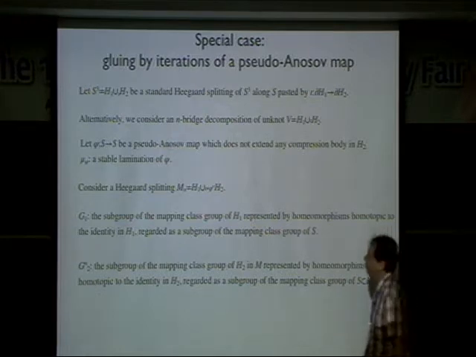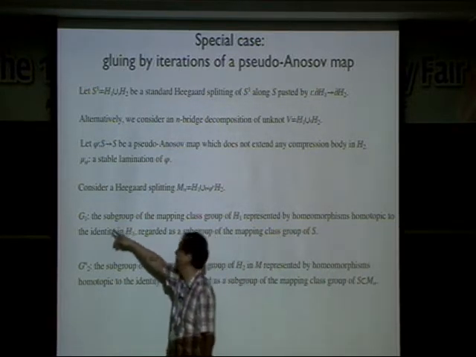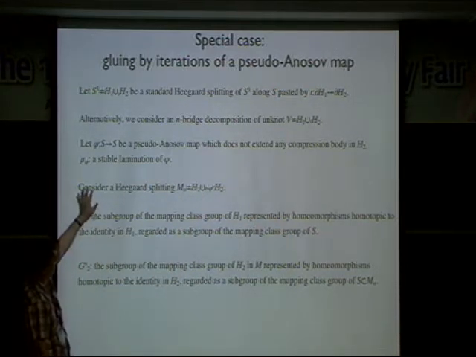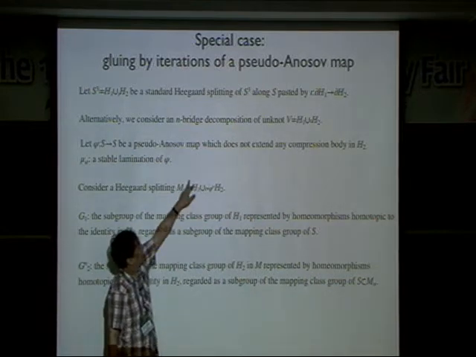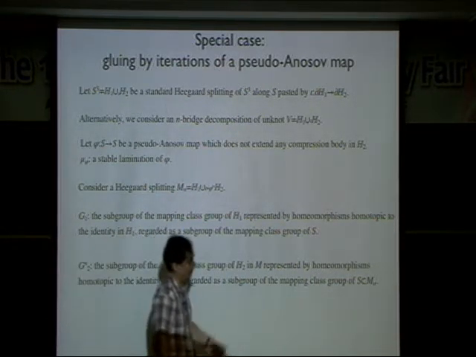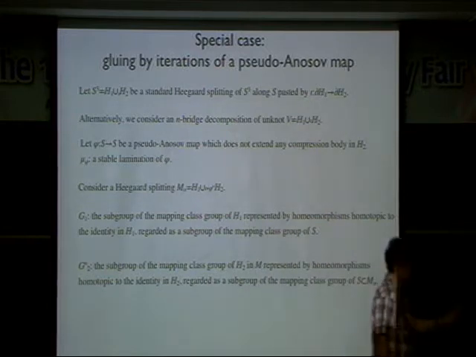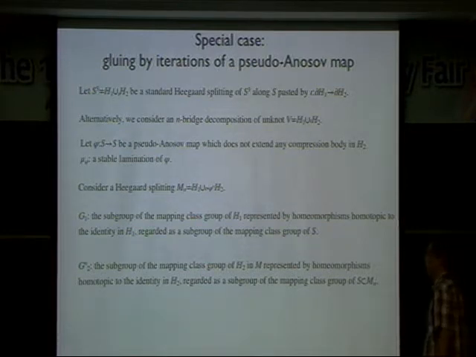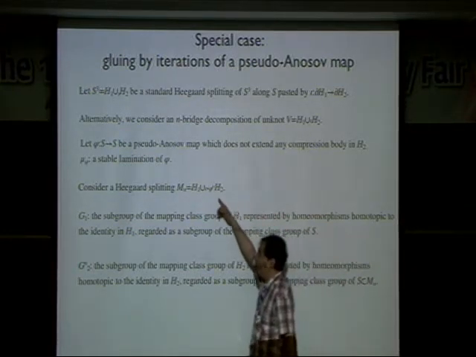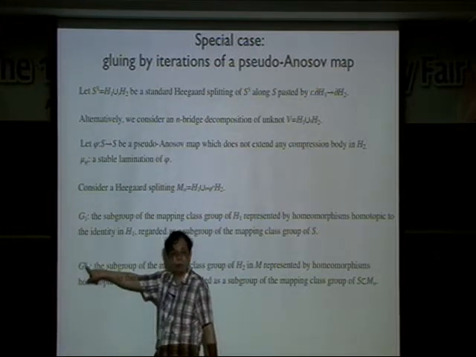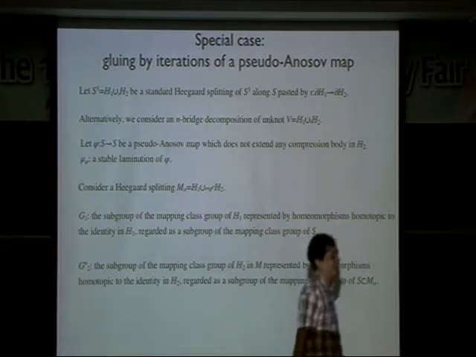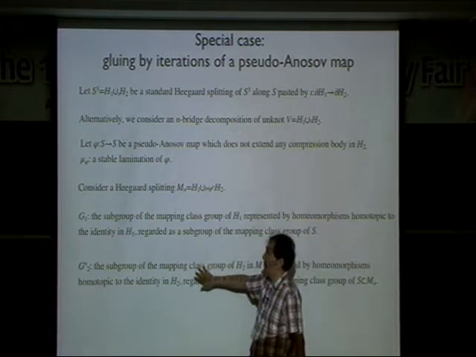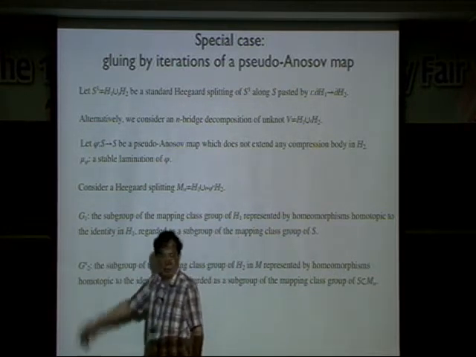So we have a constant group G1, which is a subgroup of the mapping class group corresponding to the homeomorphisms of H1 which are homotopic to the identity. And for each n, you have some group G2 which depends on n. So you have some subgroup of the mapping class group. So you have G1 and G2 n.